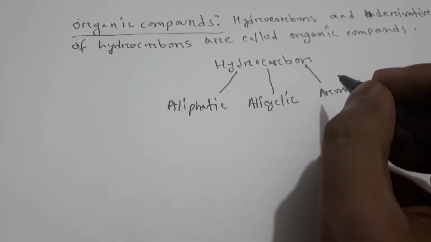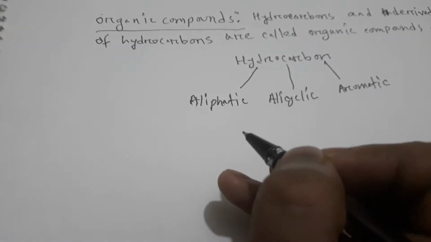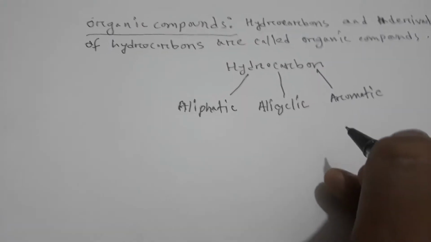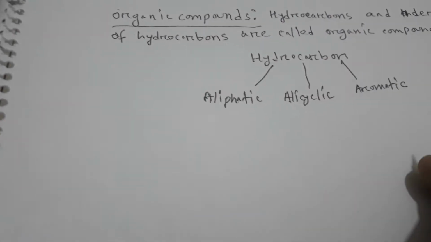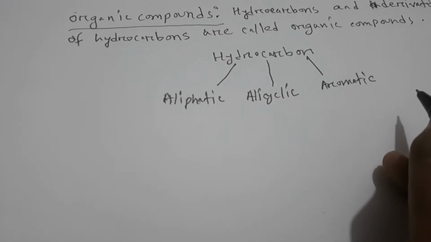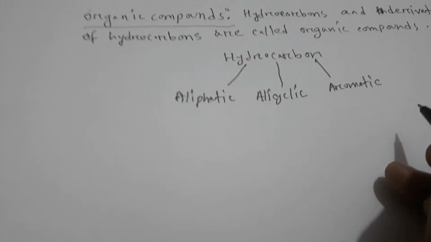Aliphatic is basically open chain. Alicyclic is basically closed chain. We will study aromatic later.